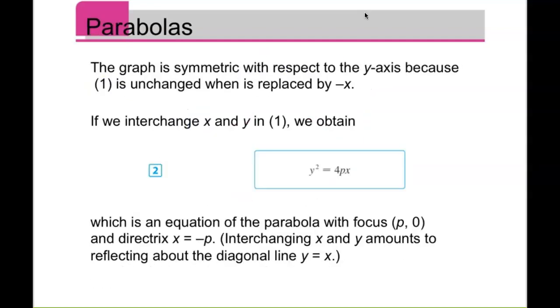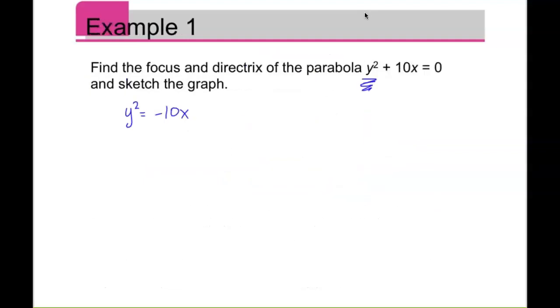Then going back and just looking at this formula, that means my 4p is equal to negative 10, not negative 10x. 4p equals negative 10. So p equals negative 10 over 4, which is negative 2.5.